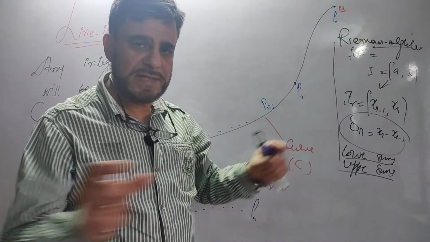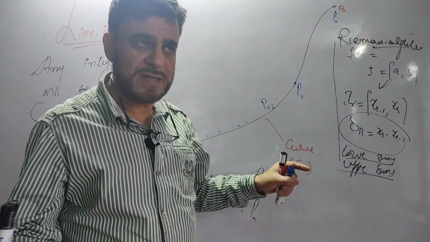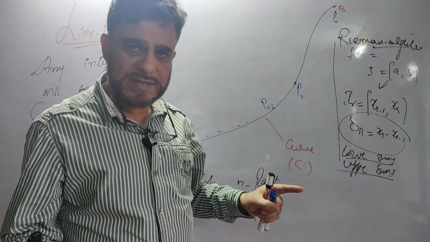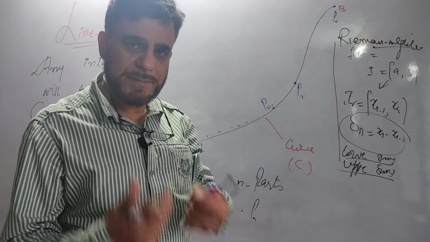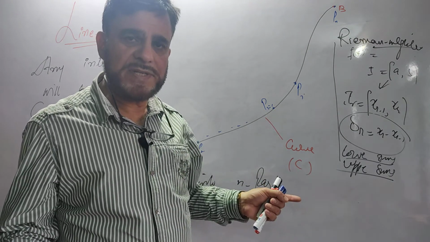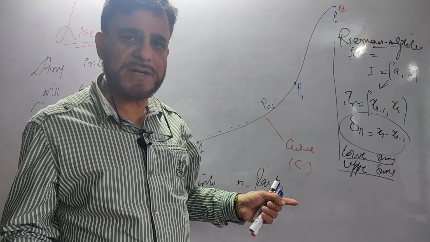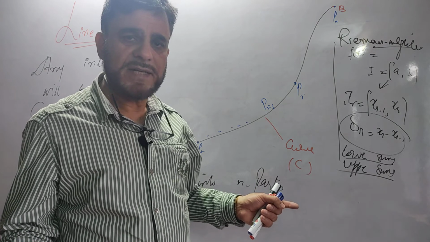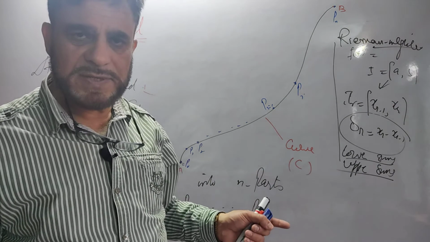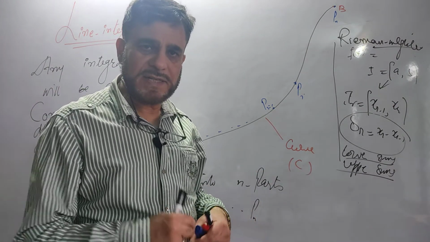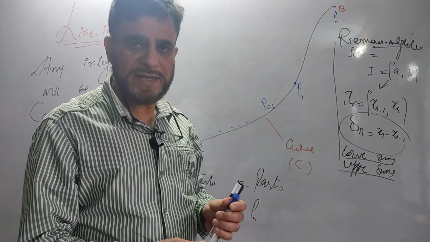Just a definition, what we mean by lower Riemann sum, upper Riemann sum, lower Riemann integral, upper Riemann integral, and then how we define the integral when we say that a function is integrable on a closed interval AB. It is when the lower Riemann integral coincides with the upper Riemann integral.